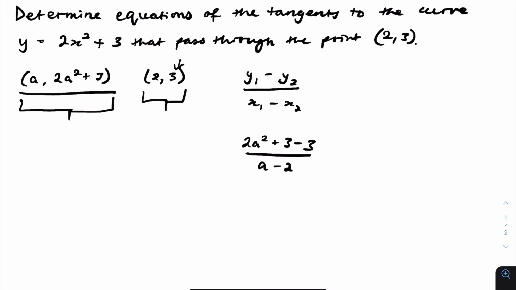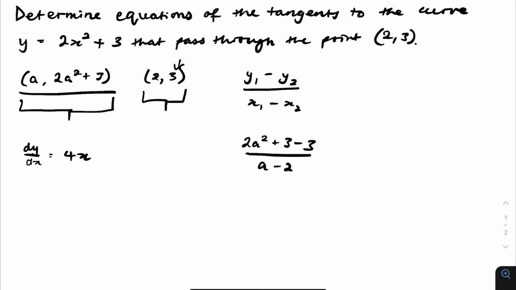Now, you might be wondering, how do we find out the value of a? That's actually not too bad, because when we learned in the last video about finding the equation of a tangent to a curve, we saw that when we differentiate a function, we get its gradient. So if we differentiate, dy over dx of that function, we get 4x.